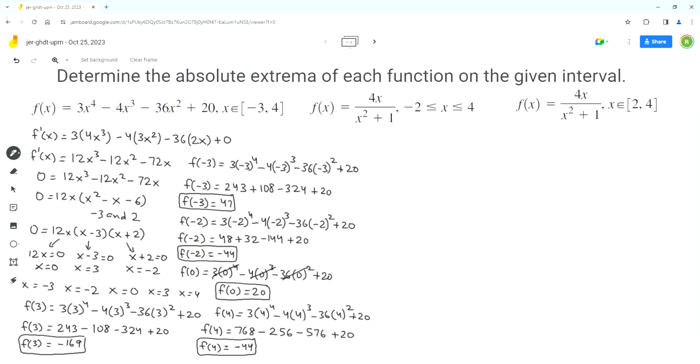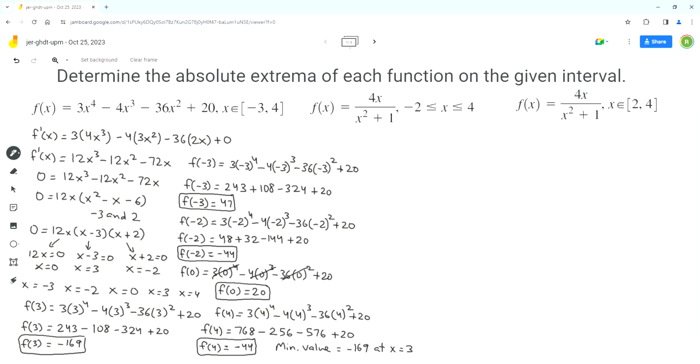So based on the values we got, we can conclude that the minimum value exists at x equals 3, and the minimum value is negative 169. So we can write here, minimum value is equal to negative 169 at x equals 3.